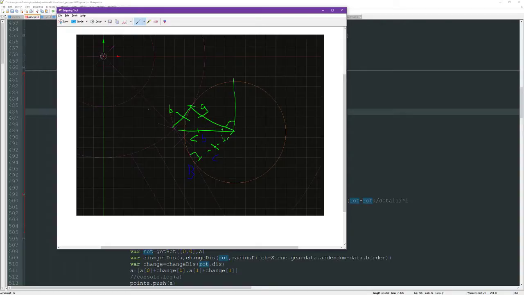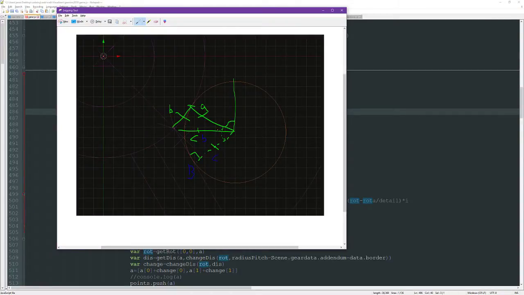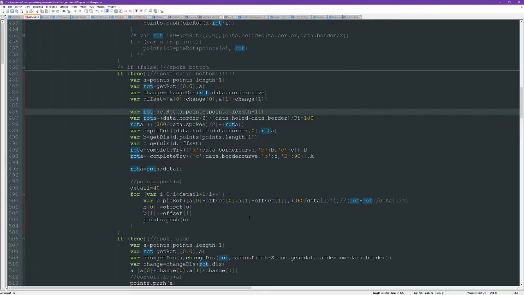Okay. Why do you rot? Because that's already relative to there, so I just have to move it around. Okay. So all I should have to do is do this.